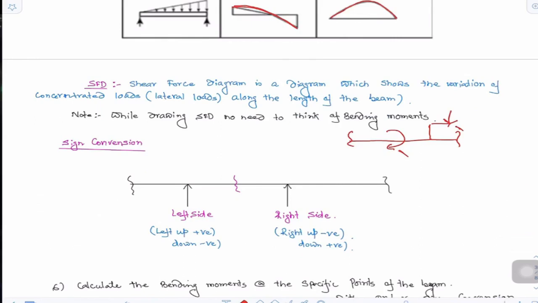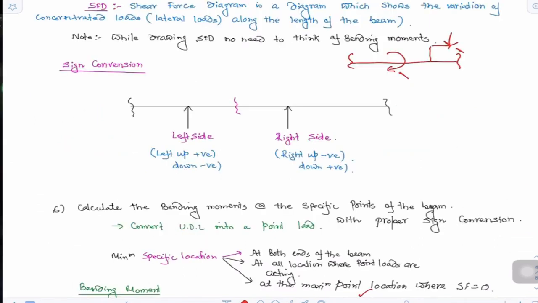Okay. See what is the next step on your screen. Calculate the bending moments at the specific points of the beam. One thing you need to remember: if during this calculation you find that there is a presence of UDL, you need to convert the UDL into a point load. Now what are the specific locations where you need to find the bending moments?